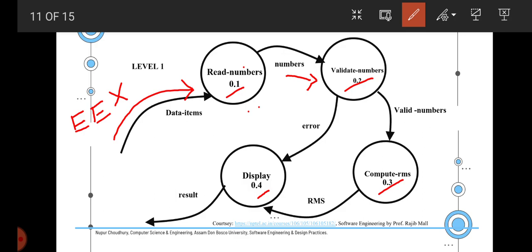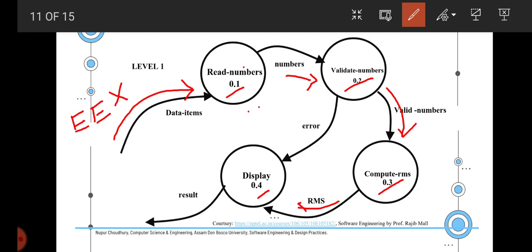So if they are integers, there is a need to validate these numbers, and once they are validated, if the numbers are correct, it will go to the compute RMS process, and the result is the RMS of the 3 numbers, and it is displayed using the display process.